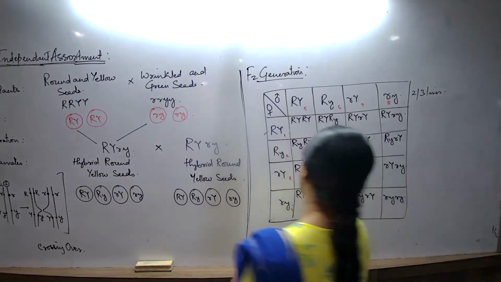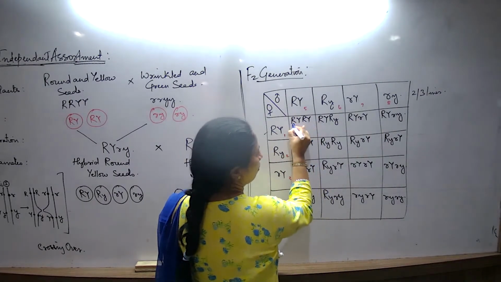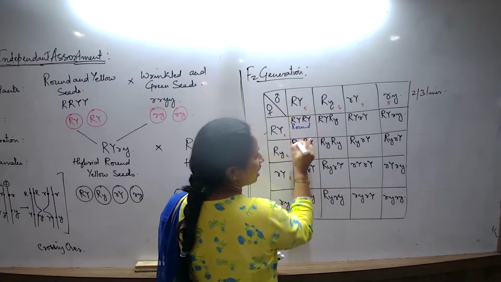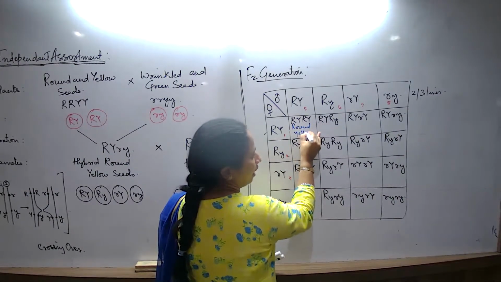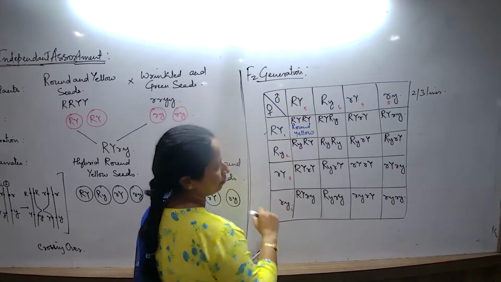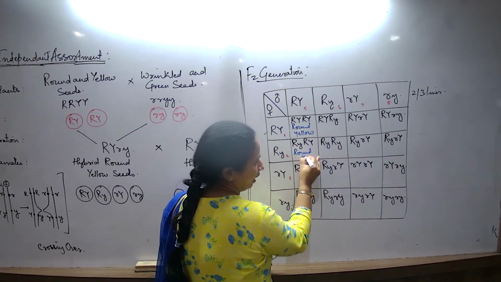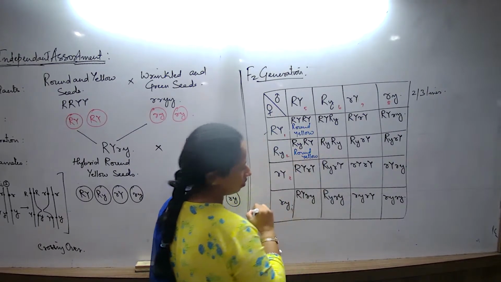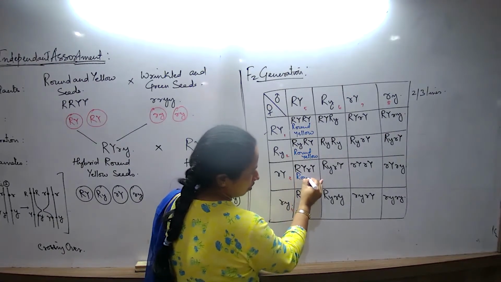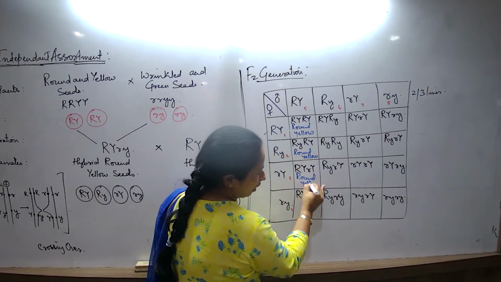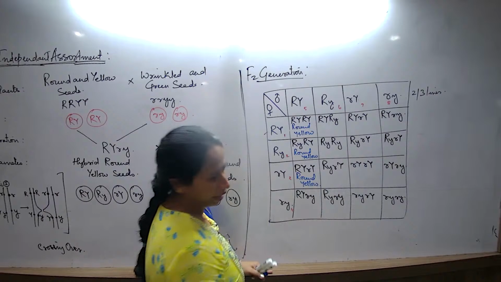Okay, let us try understanding. What about the phenotype of this one? The phenotype of this is round and yellow. What about this? Round and yellow. What about the next? Round and yellow. Keep marking in your Punnett square now.